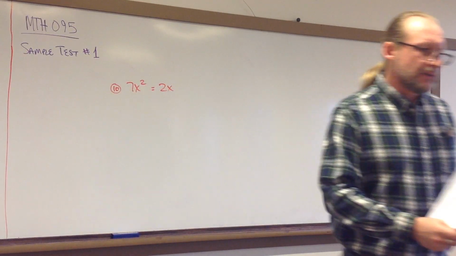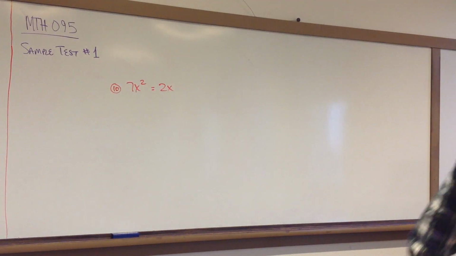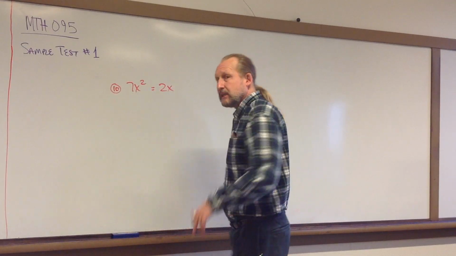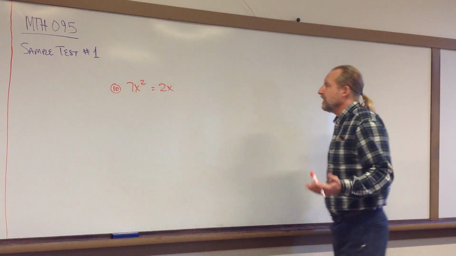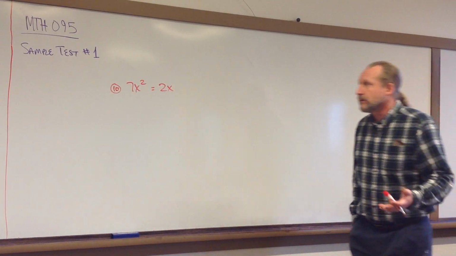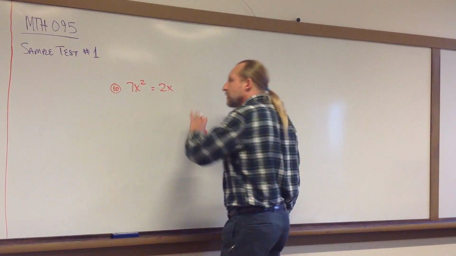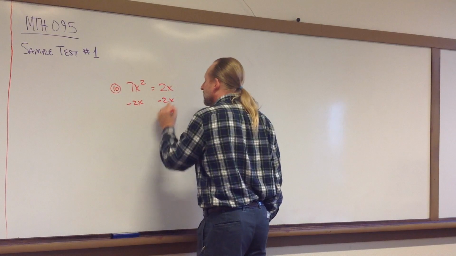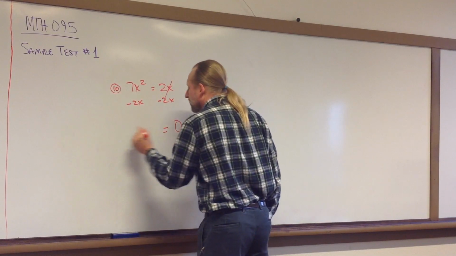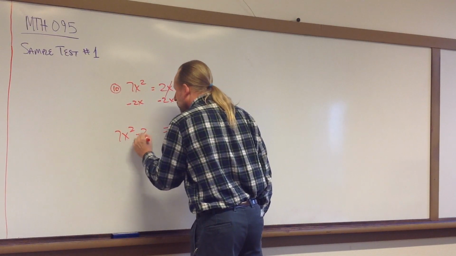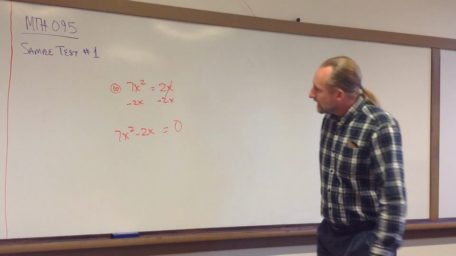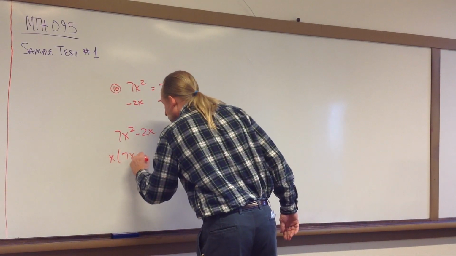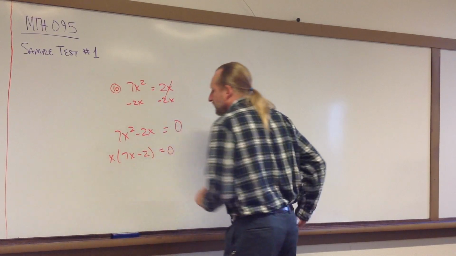Now a lot of people want to divide on both sides by x, and I don't know if high school teachers are teaching that or not, because I see so many people do it and they seem very surprised when I tell them that that's not correct. What we need to do here is push everything to one side. So let's move the 2x to the other side. Set this equal to 0. 7x squared minus 2x. Now, factor out the x. X times 7x minus 2 equals 0.